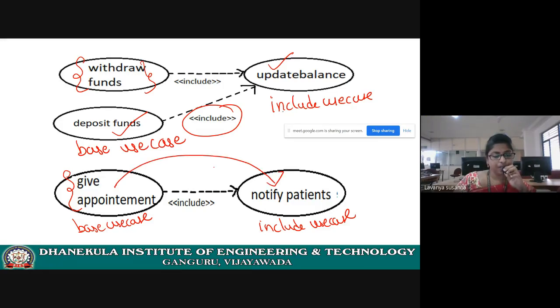Notify patients. That means after giving the appointment, it should notify the patients, so they will know when they should meet the doctor. They should get some message. So in order to execute give appointment, it should call the functionality of notify patients.